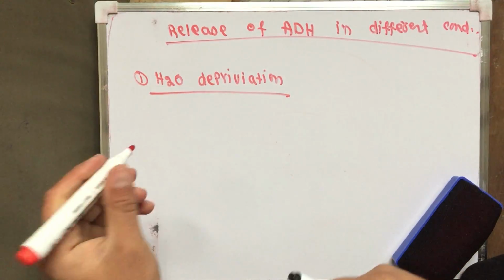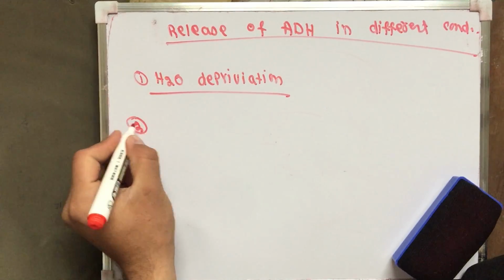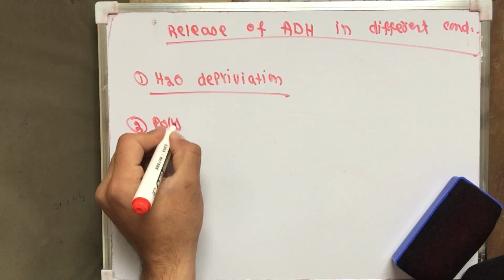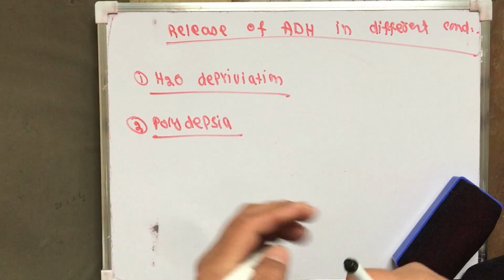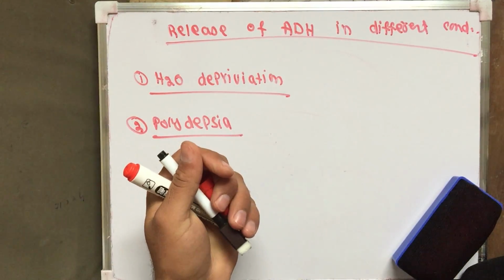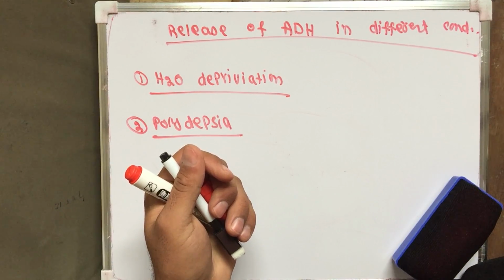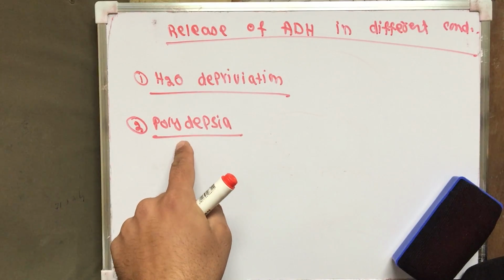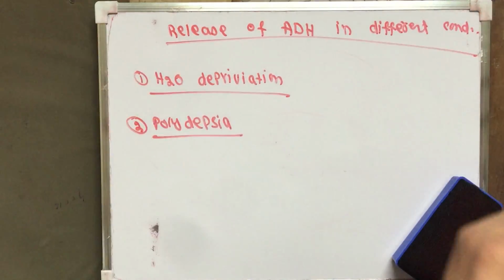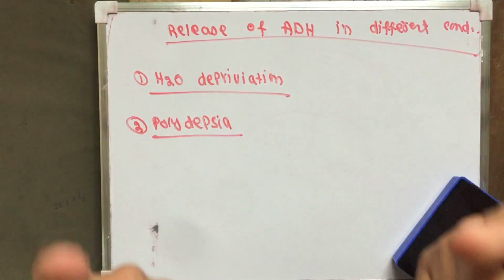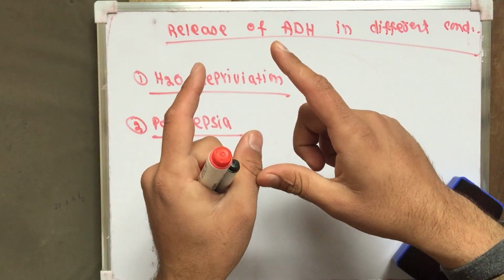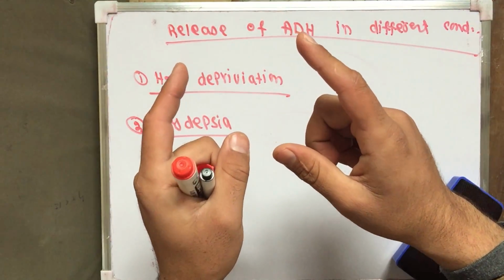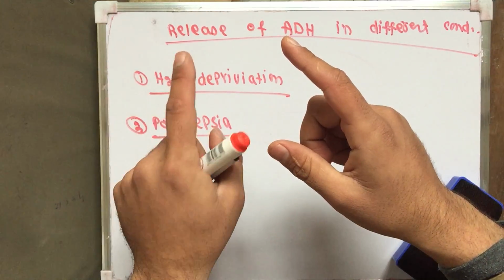Another condition is polydipsia. Actually, what is polydipsia? In this case, ADH secretion is not increased, because in this case we take a lot of water. So when we take a lot of water, the water level in the blood increases, so the release of ADH decreases.